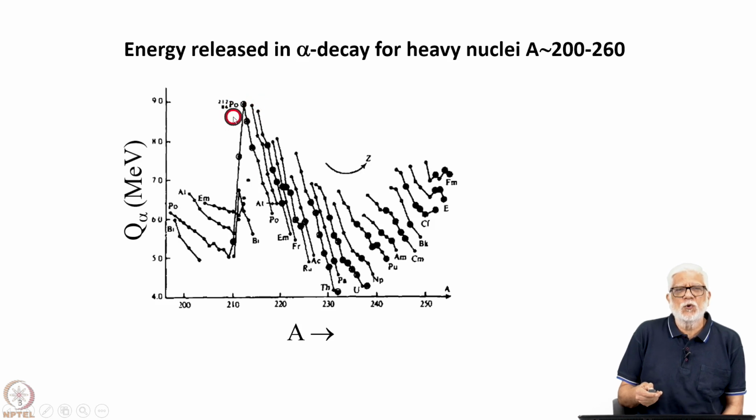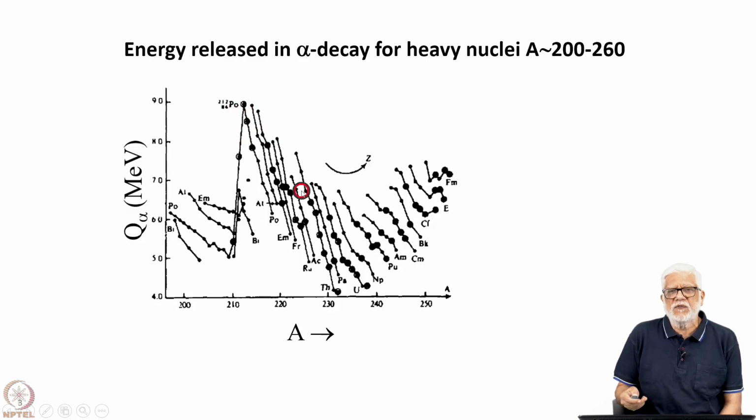It has a closed shell for protons, Z equal to 82, and a closed shell for neutrons, N equal to 126. So that is the peak. This is around 8.8 MeV, and then it decreases again, with an average of between 6 and 7 MeV for all these heavier actinides.